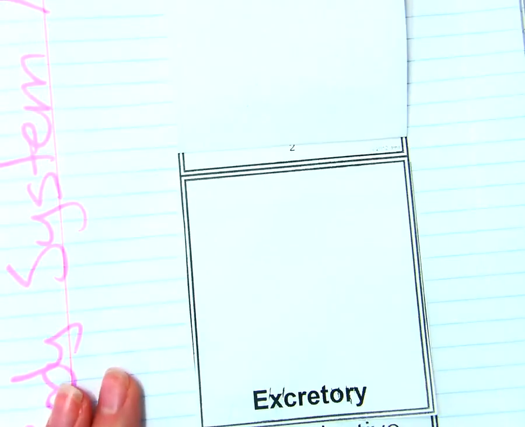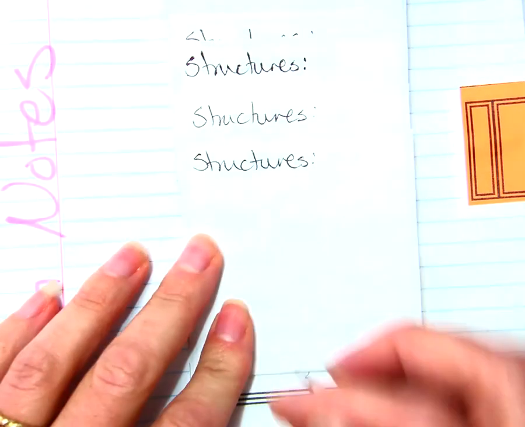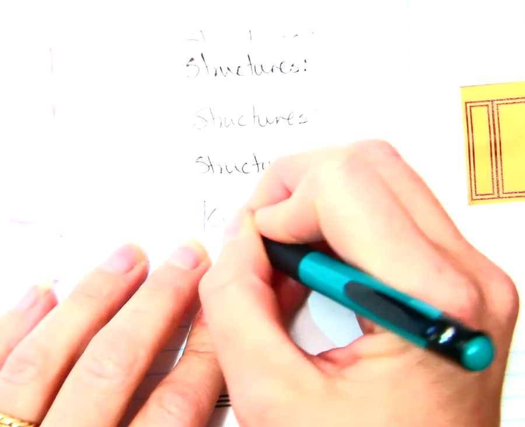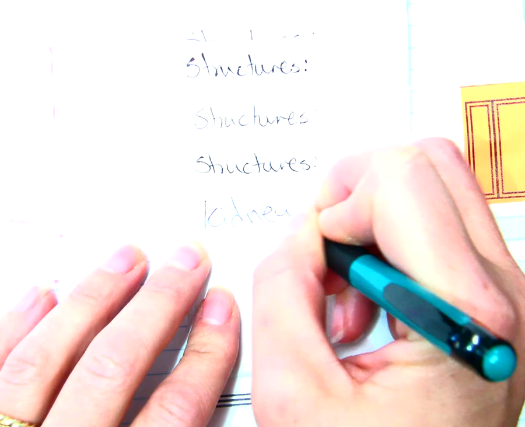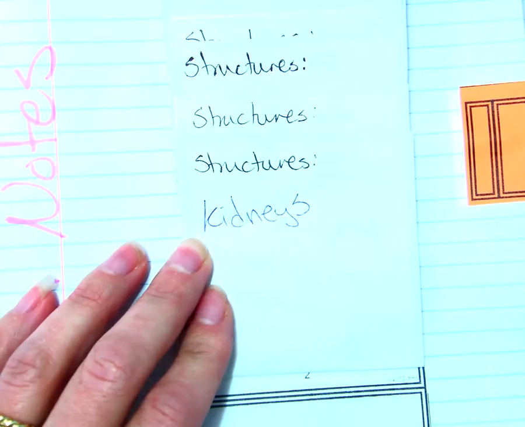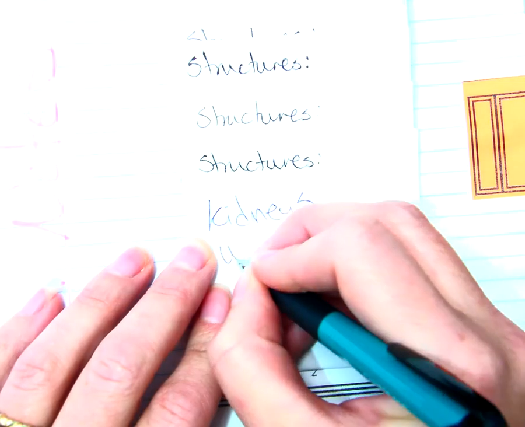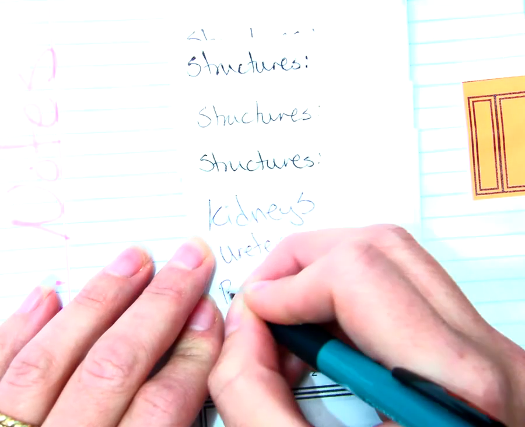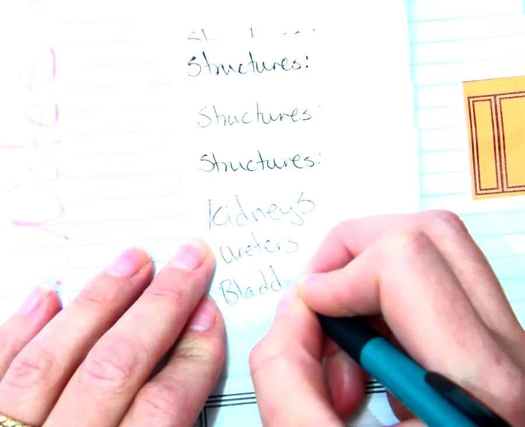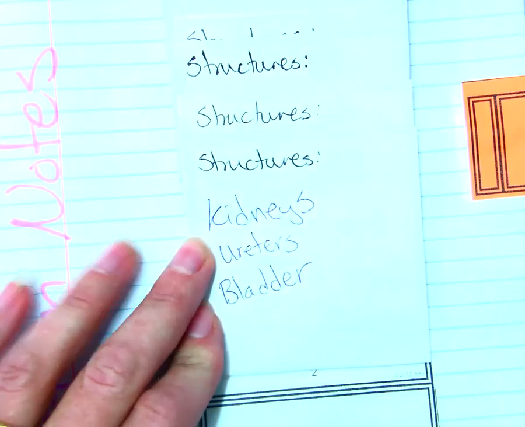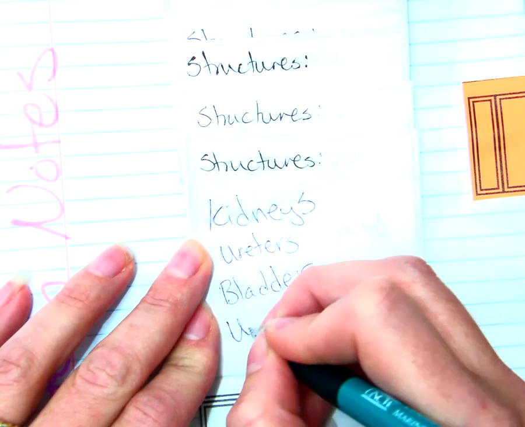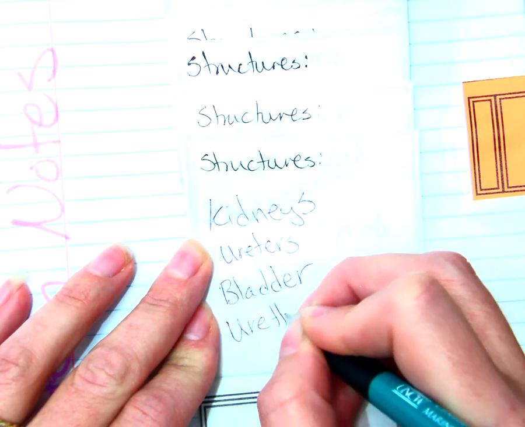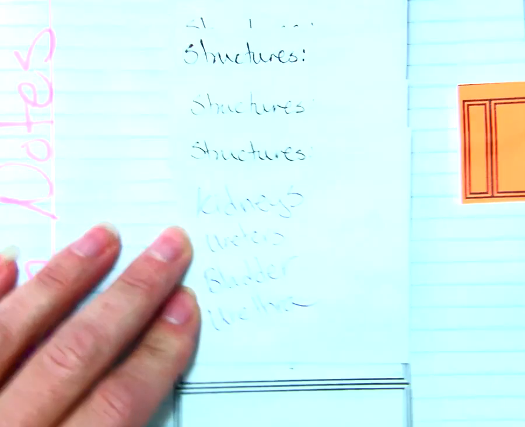Next to last system is the excretory system. This includes your kidneys, your ureters, your bladder, and your urethra.